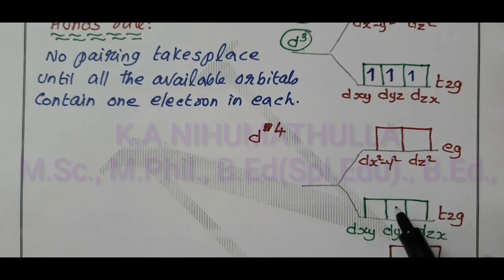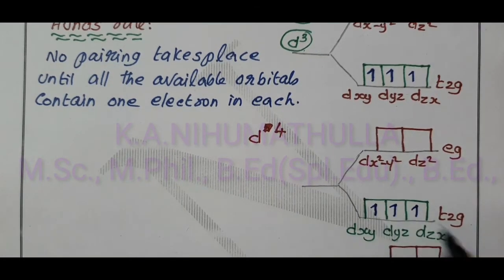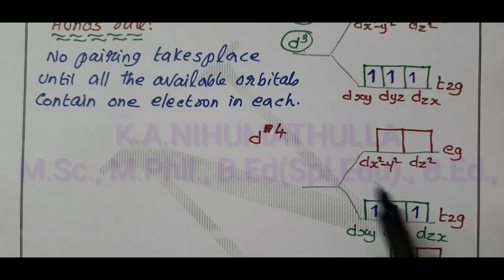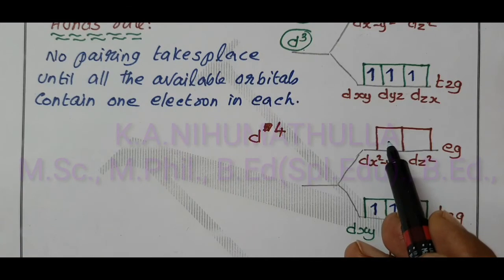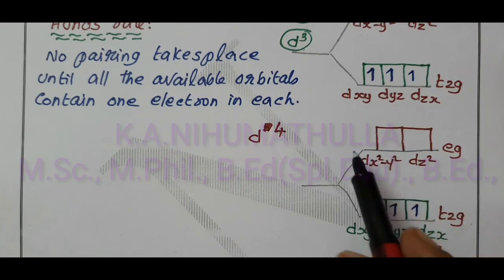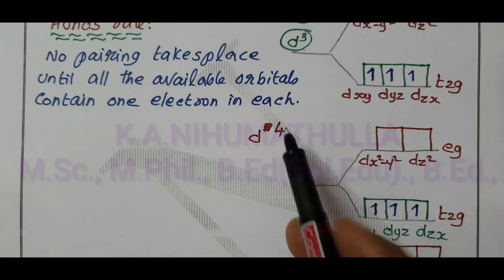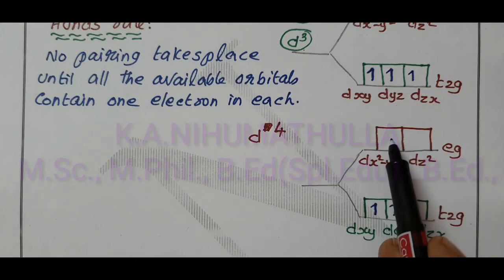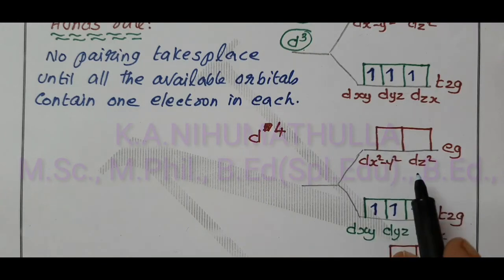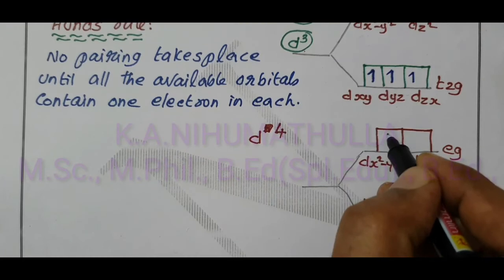After 3 electrons are filled in the t2g orbitals, whether the 4th electron goes to the higher energy eg orbital, or the 4th electron pairs with one of the t2g electrons.